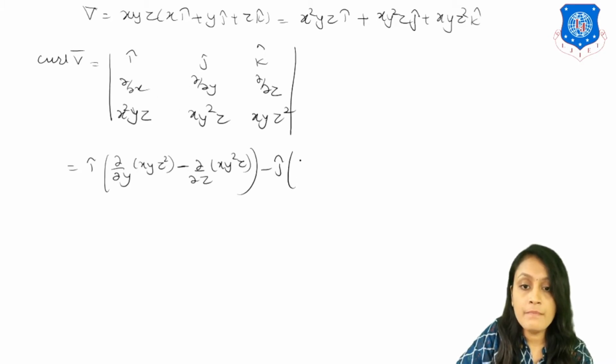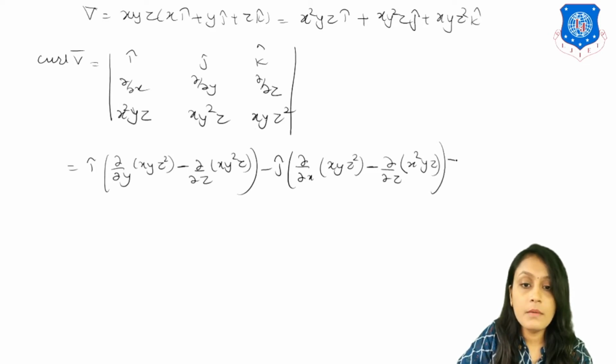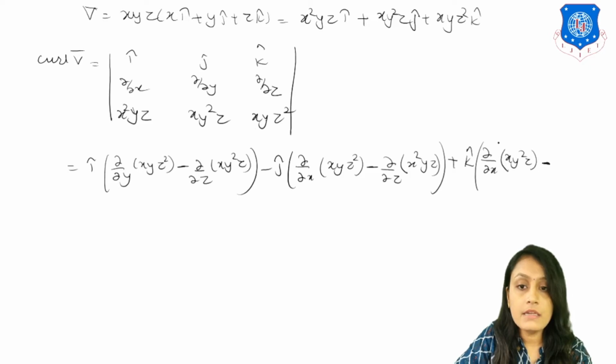This into this, so del by del x of xyz square, minus now we have this into this, so minus del by del z of x square yz, plus k cap into now multiply this too, so del by del x of xy square z, minus this two, so del by del y of x square yz.